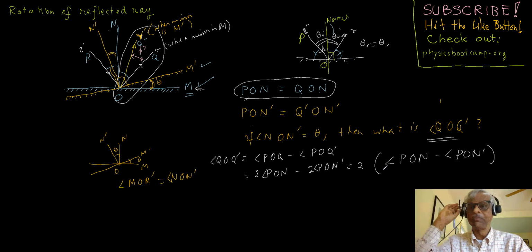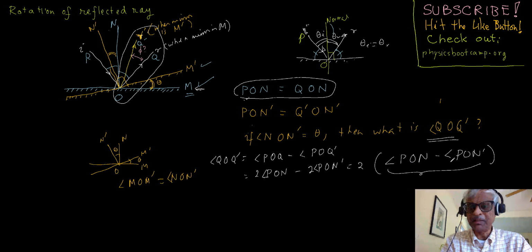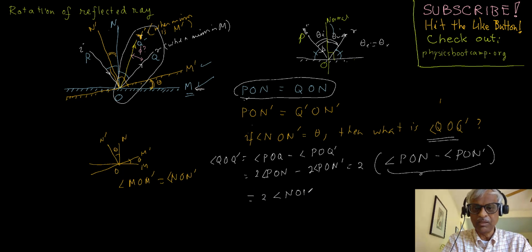This is just the angle between N and N prime, so it is 2 times angle NON prime, and this angle is the angle the mirror rotates, so 2 times theta.